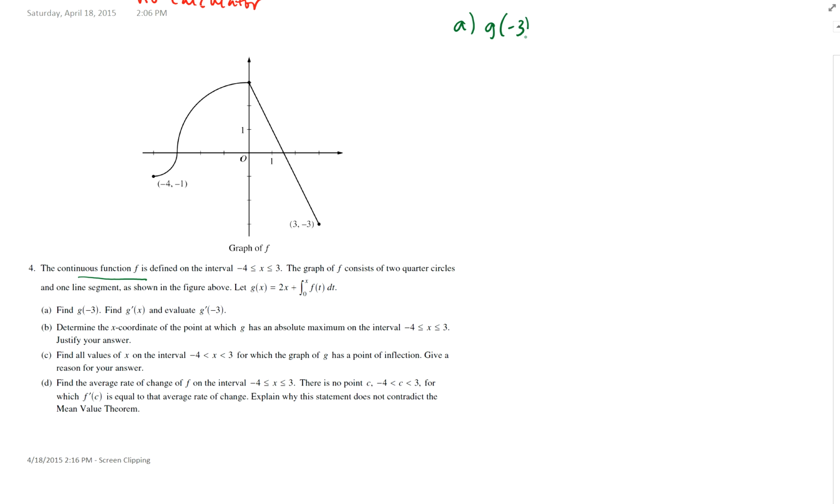G of -3. Well, g of -3 is 2 times -3 plus the integral from 0 to -3 of f of t dt. So that's going to be -6 plus the integral from 0 to -3.